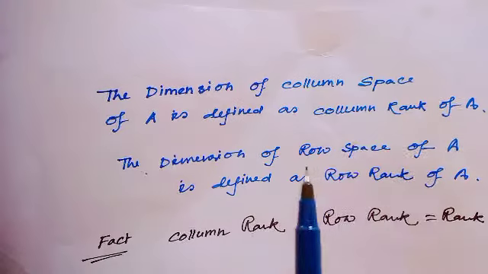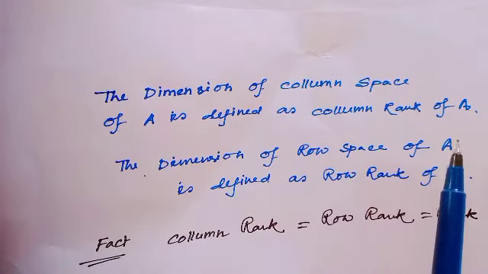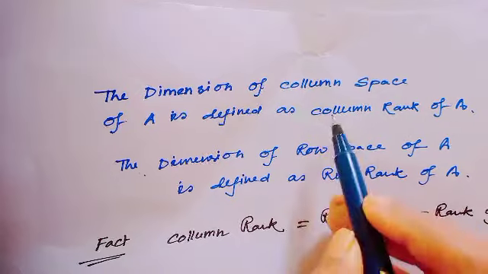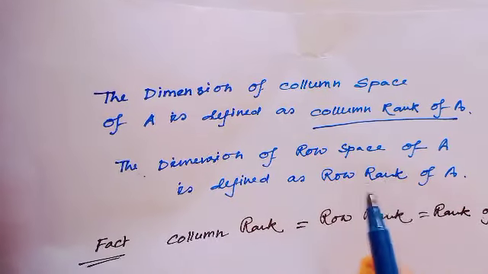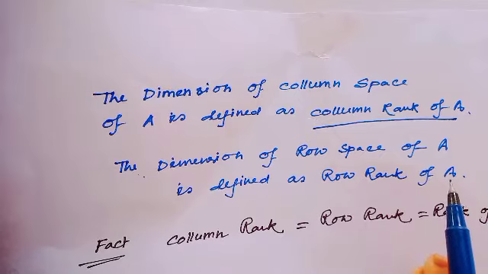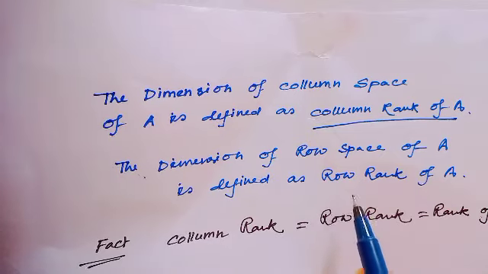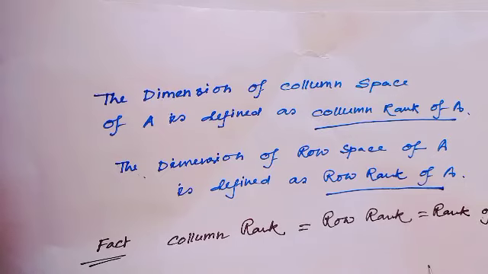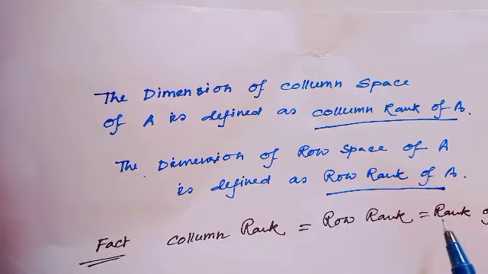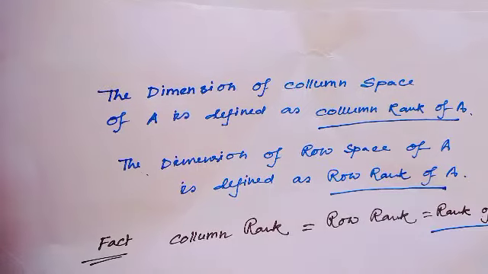Well, the dimension of the column space of A is defined as the column rank of the matrix A, and the dimension of the row space of A is defined as the row rank of the matrix A. And the fact is that column rank is always equal to row rank, which is equal to the rank of the matrix.